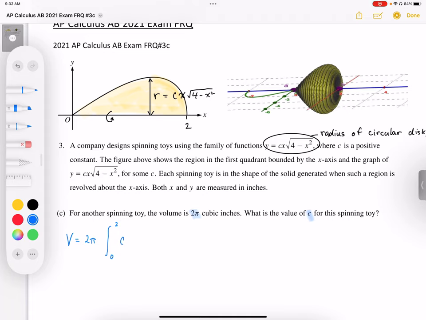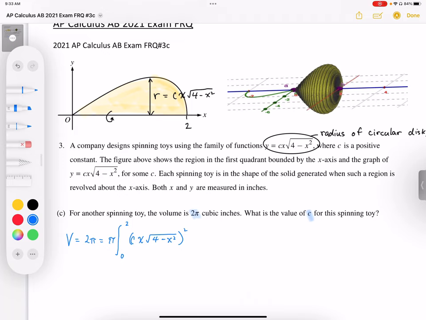So it's going to be pi times c x square root 4 minus x squared, and I'm going to take that radius part and square it. Okay, and I think it might be a little bit easier to put the pi on the outside here. So I'm going to move that over, and the pi is going to end up on the outside.